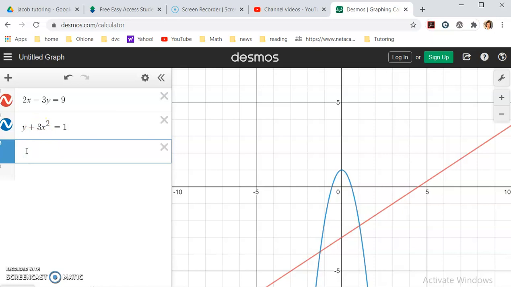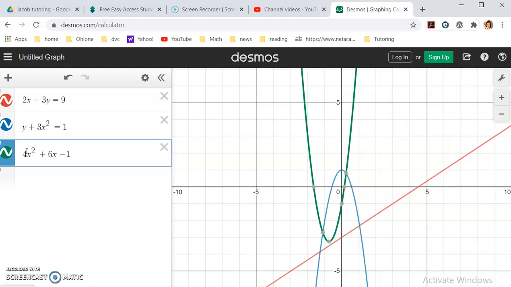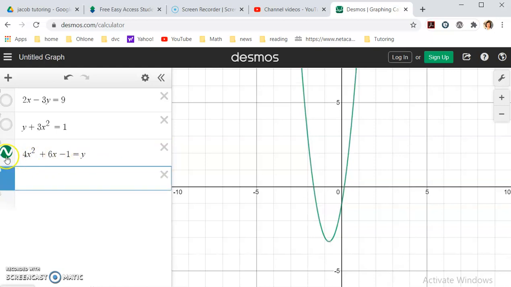You can have 4x squared plus 6x minus 2 equal to y, right? So that's also a parabola. So anytime you have an x squared term, it becomes a parabola. So that's how you recognize a certain graph.